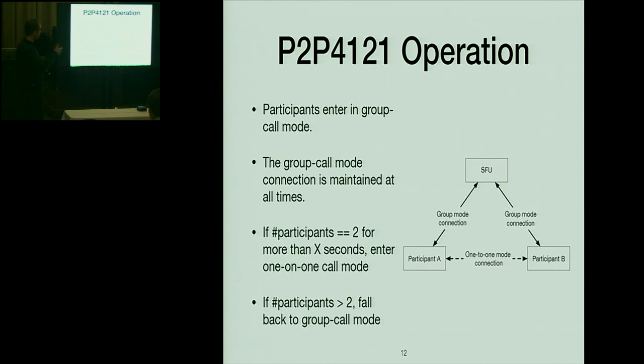So this is our implementation, how it works. In this diagram, we can see the SFU and two participants. The participants always join a call in group call mode, because this is faster to establish and more reliable.